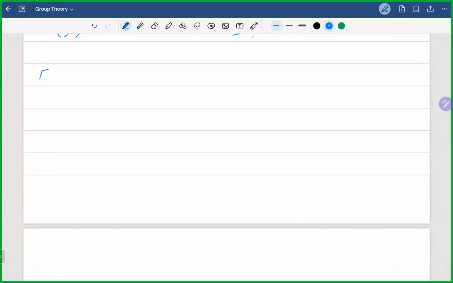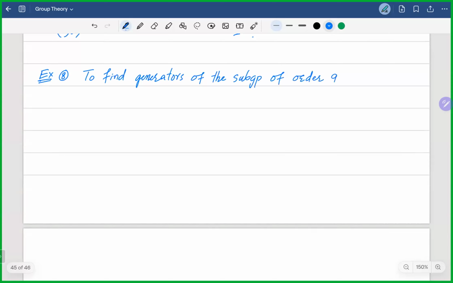So example 8 is about to find generators of the subgroup of order 9 in Z36. What we observe? First, we observe that 36 divided by 9 is 4.